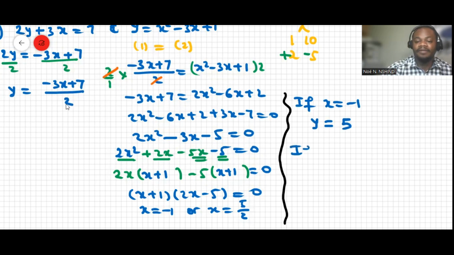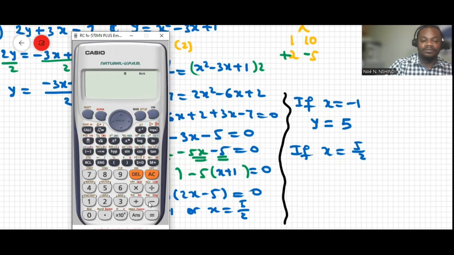And then if x is 5/2, we sub 5/2 here. That makes -15/2 plus 7. We can use a calculator.